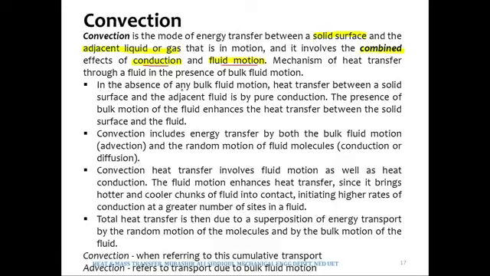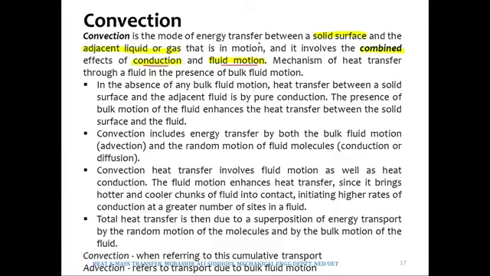Now, in the absence of any bulk fluid motion, meaning if the fluid is not moving, the heat transfer between a solid surface and the adjacent fluid would be by pure conduction. So all the heat transfer would be via pure conduction.